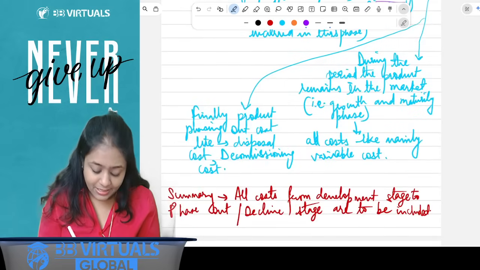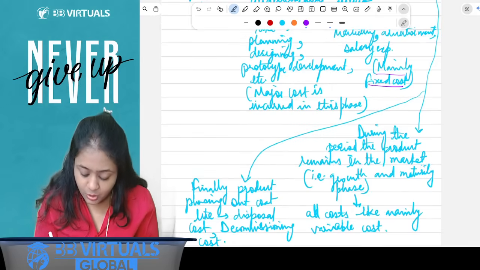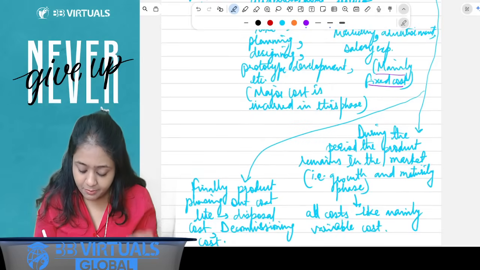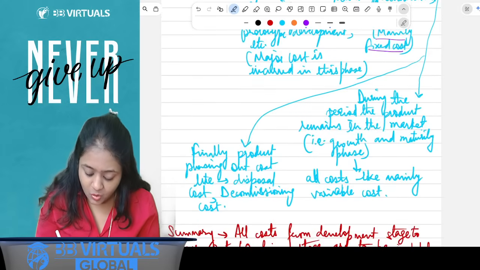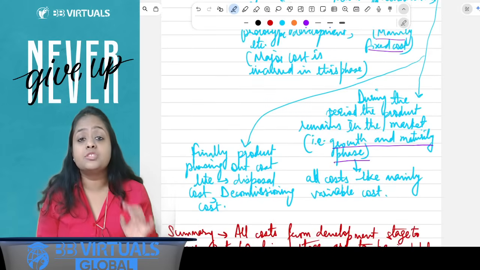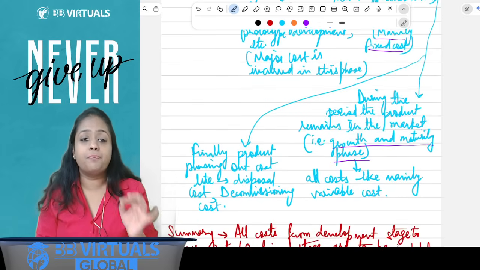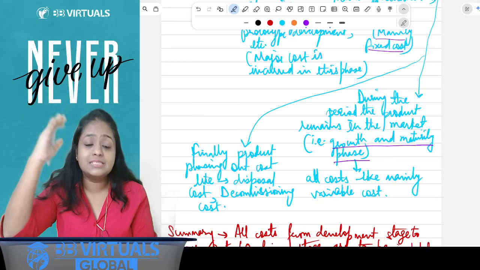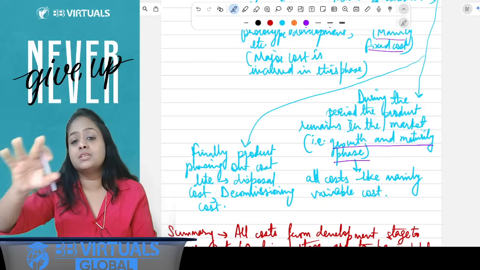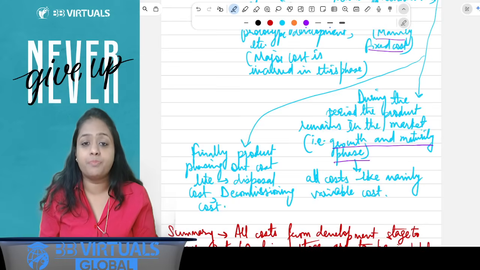During the next phase, the product remains in the market. That is the growth and maturity phase. Maturity phase is where the product's profitability and sales are at peak, because it is the most selling time of that product's life cycle.